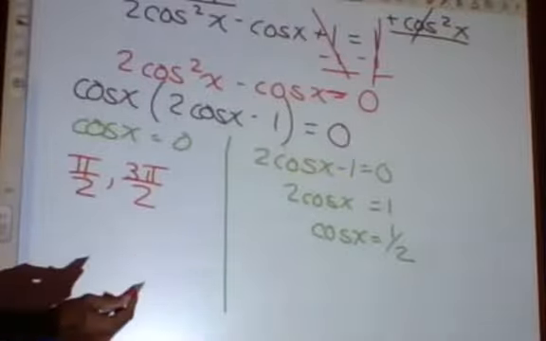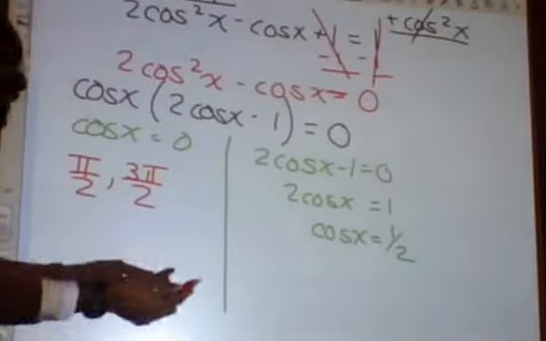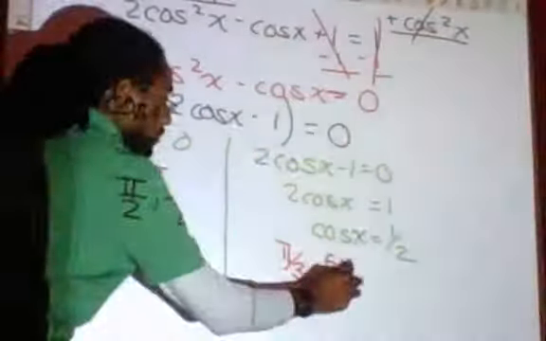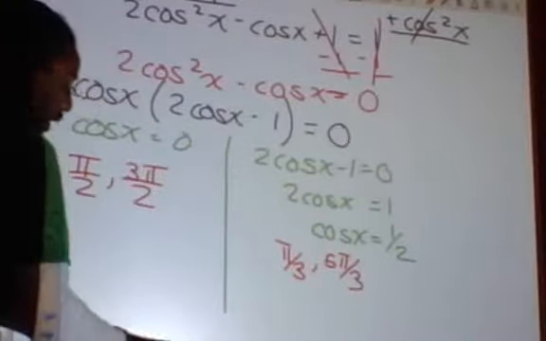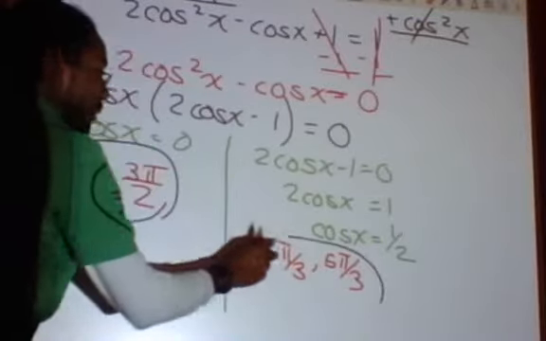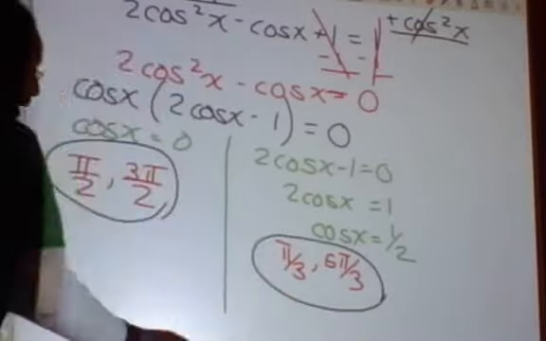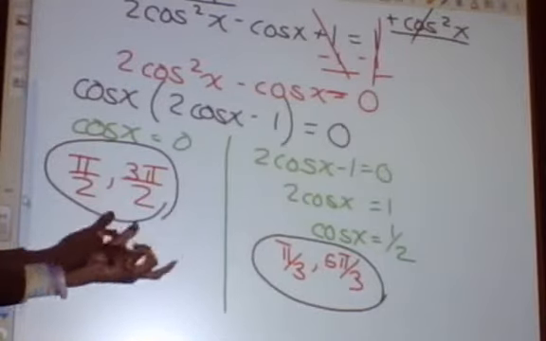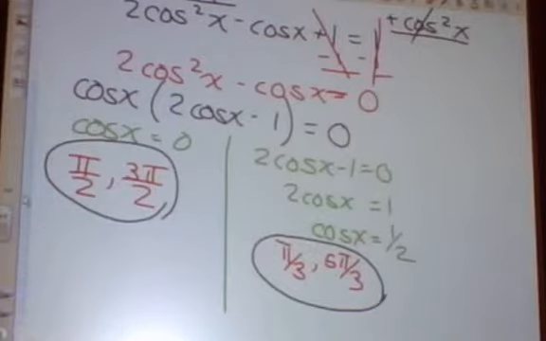And then for the other one, we're looking at pi over 3 and 5 pi over 3. So it's requiring you to remember that table, that chart, everything that we've done. It requires you to remember all that information. And so these are our 4 answers for this whole thing. They make this whole thing true.